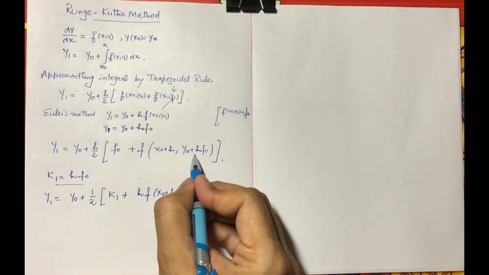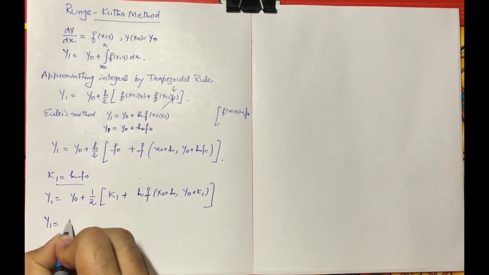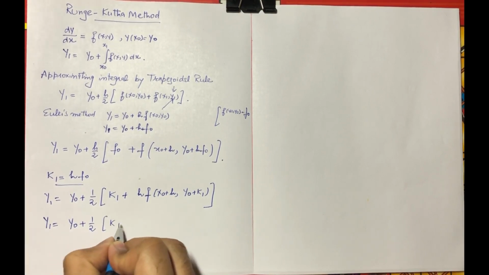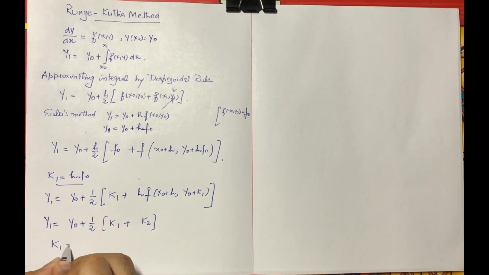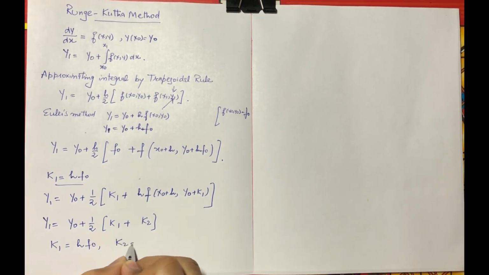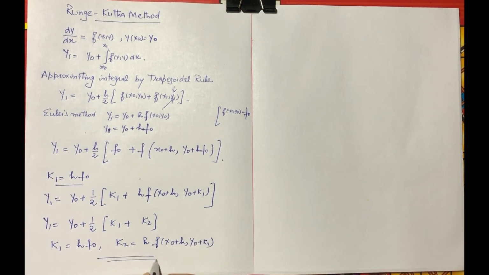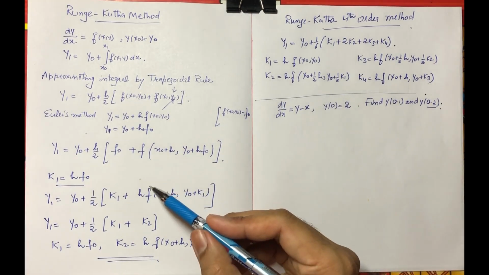So this is h f0, which is k1. We further write this as y0 plus 1 by 2 (k1 plus k2), where k1 we already know is h f0 and k2 is h f(x0 plus h, y0 plus k1). So we solve this by Runge-Kutta's second order method.